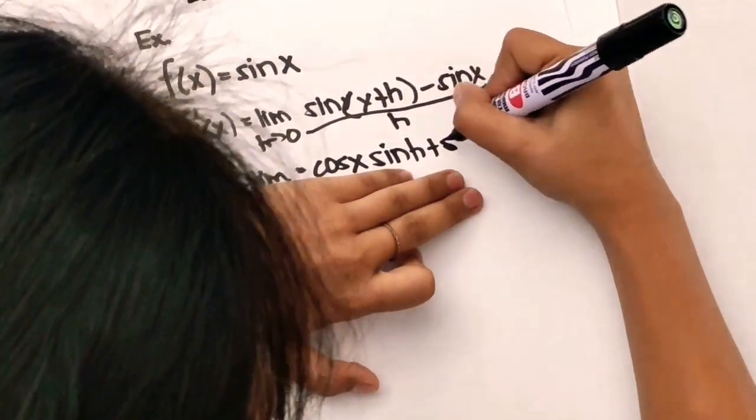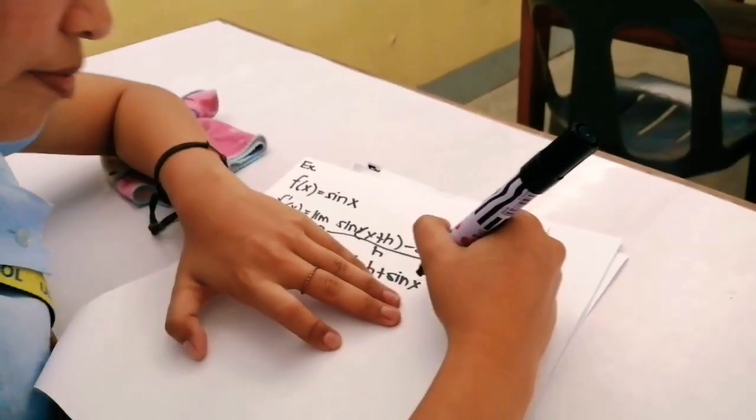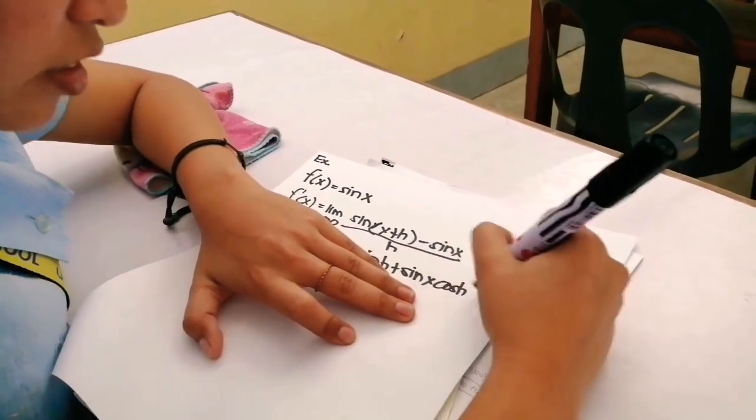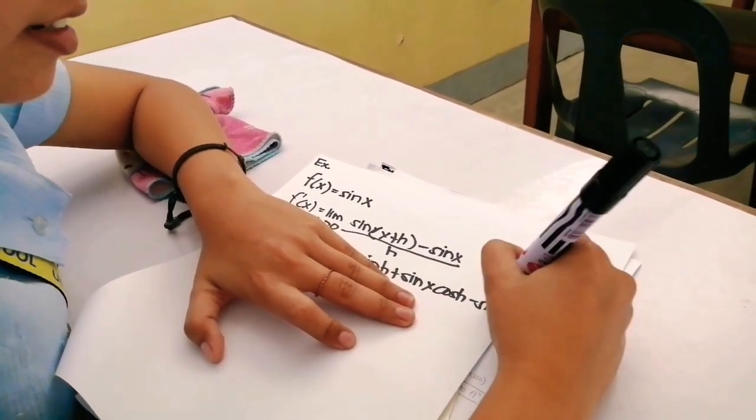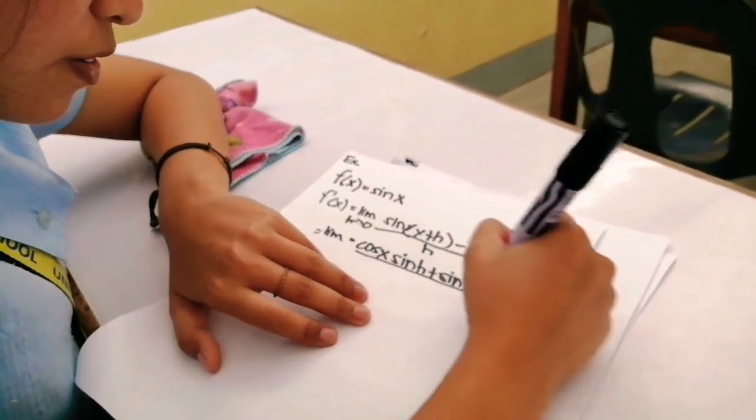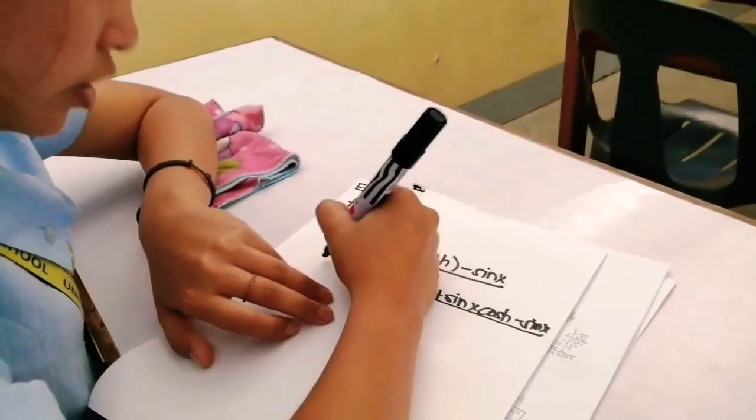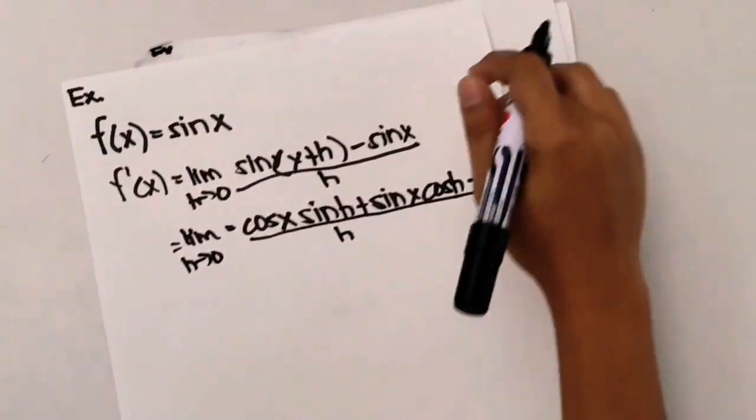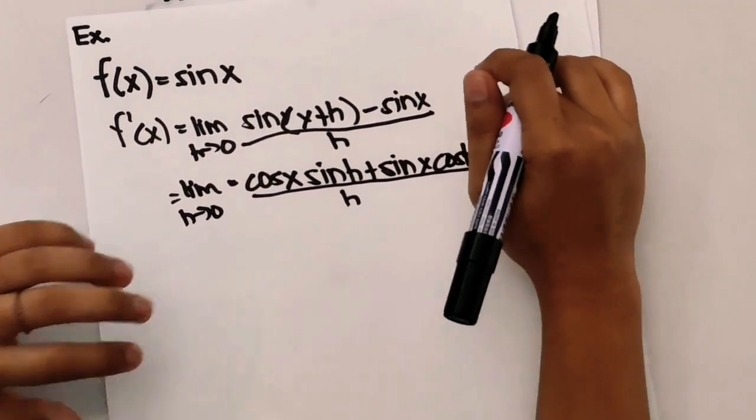plus sine x cosine x minus sine x all over h as h approaches 0. So we're gonna separate it into two.